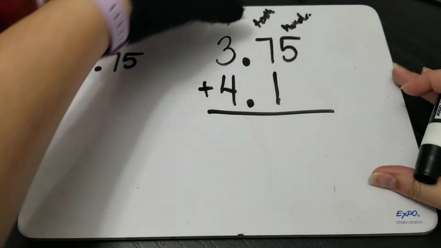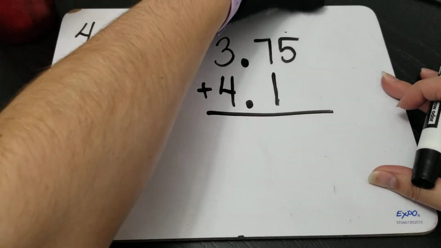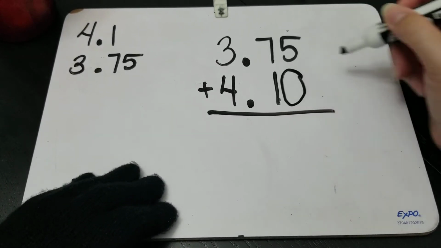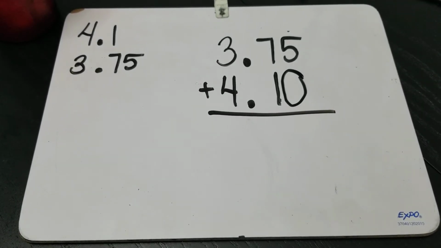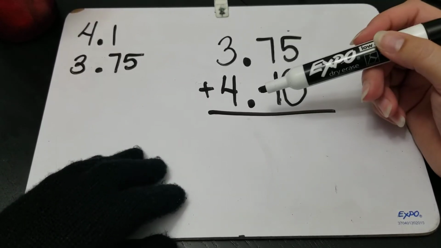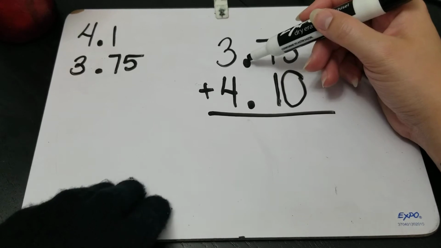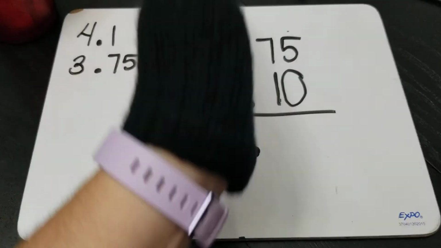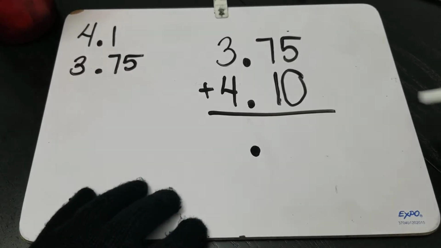So I have to treat them exactly where their positions normally would be. And this one would just be lucky enough to get a 0 to fill that space because it doesn't have any hundredths. The reason we line the decimals up also is because the decimal in the answer is going to live in the exact same spot. So we put the decimals in a straight line straight down.